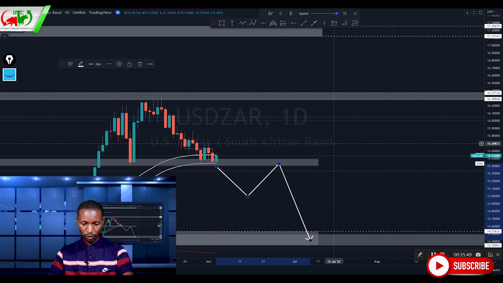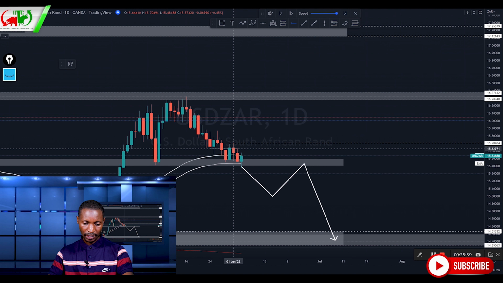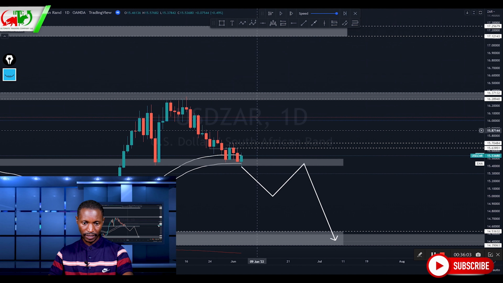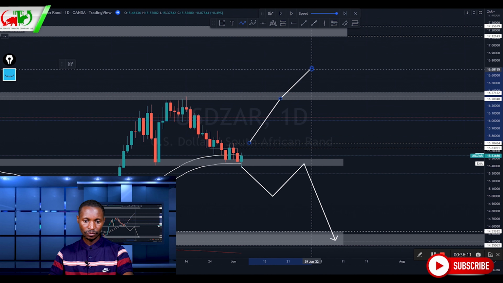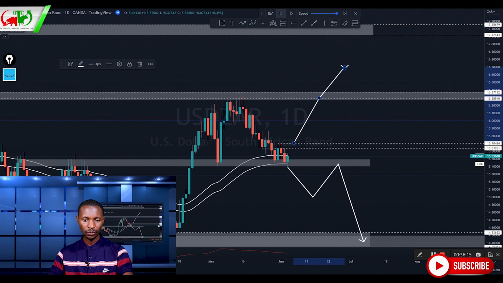And since it was consolidating here, another scenario was that if USD ZAR continues to consolidate here and breaks above this high, we could look for buying opportunities. So let's see how the price has reacted to this technical analysis within this last week.